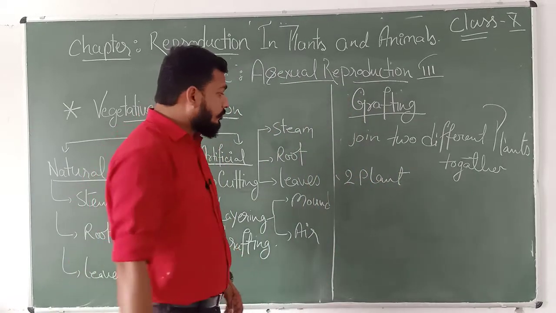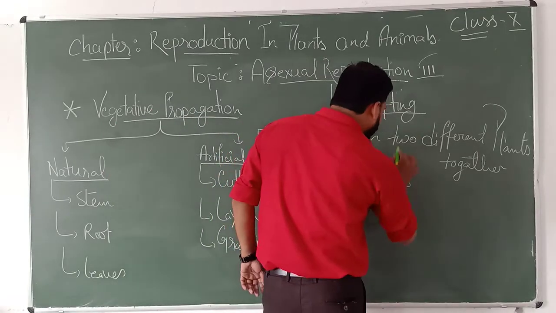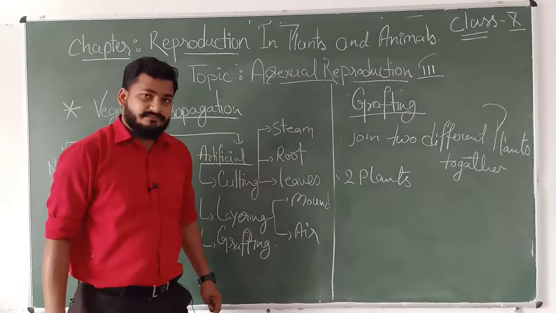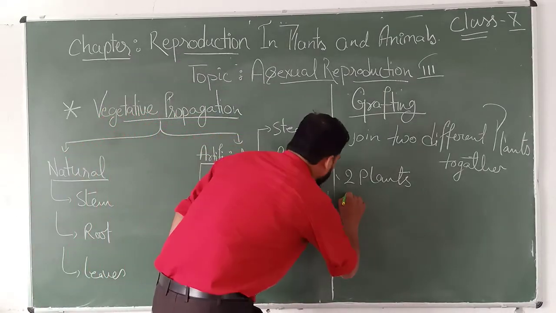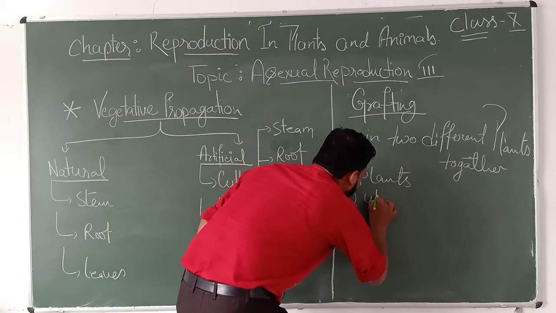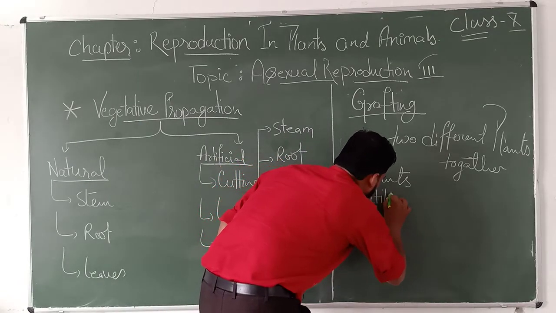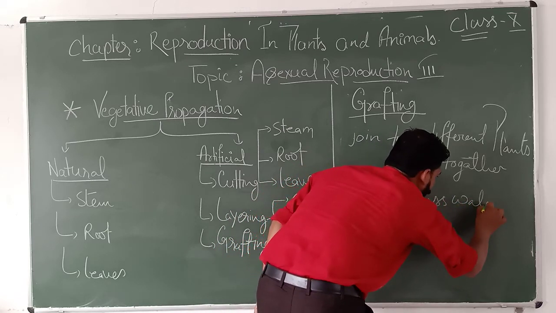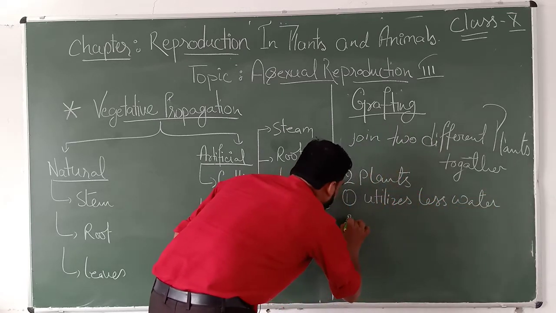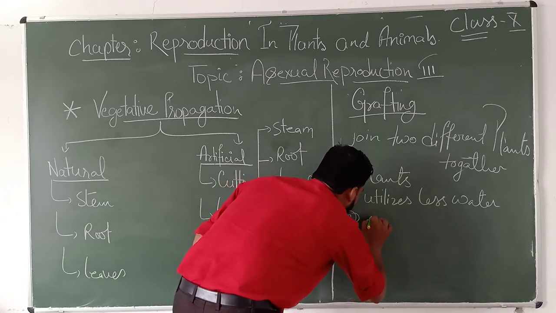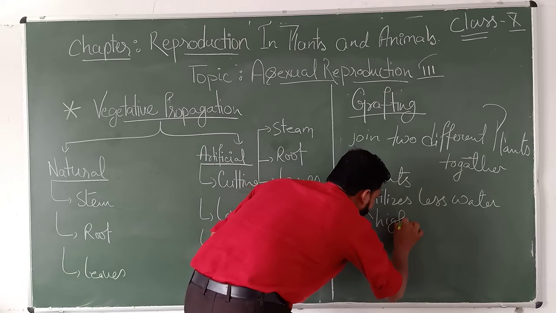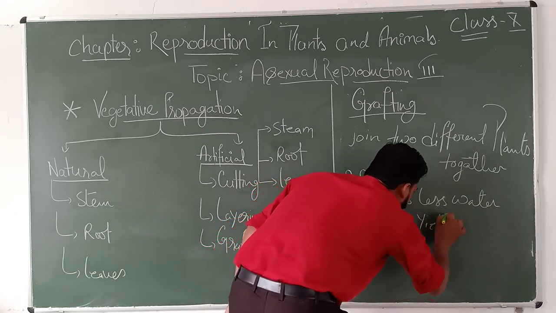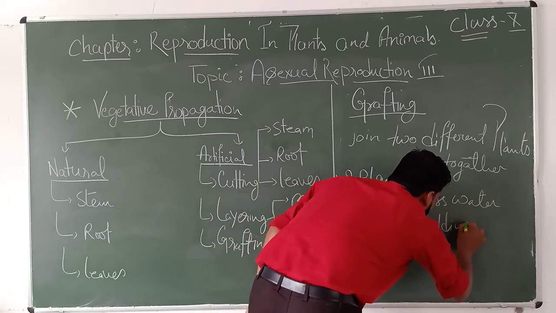What we do, we take two plants. Obviously, when we take two plants, we'll take different characteristics. Suppose the first plant utilizes less water, and the second plant is high yielding fruits.